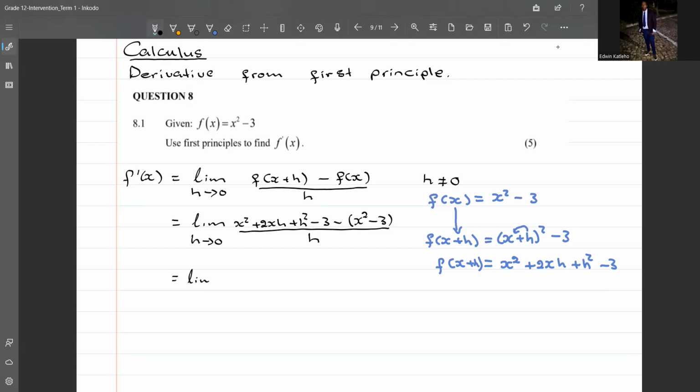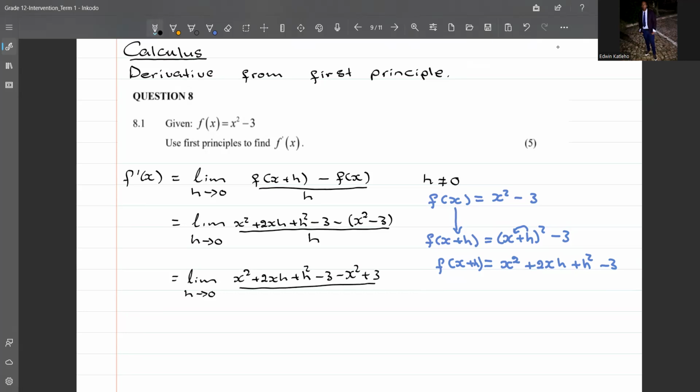We write limit h tends to 0, and then we have x squared plus 2xh plus h squared minus 3, multiply this bracket by negative, you get negative x squared, and then plus 3.